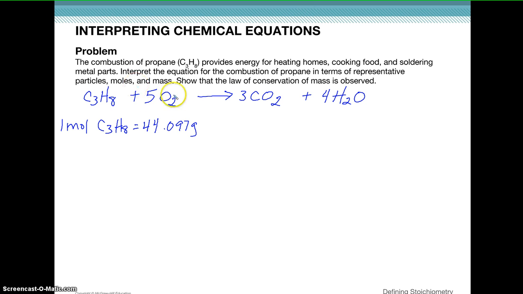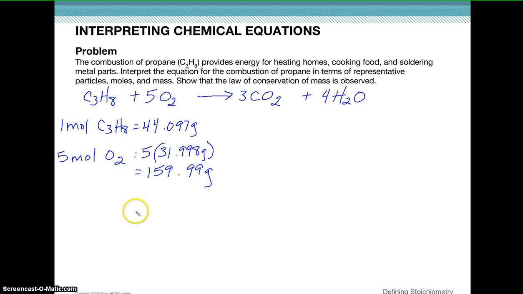Then we want the mass of 5 moles of O2, which is 5 times 31.998 grams, and that is 159.99 grams. That's the mass of the reactants.